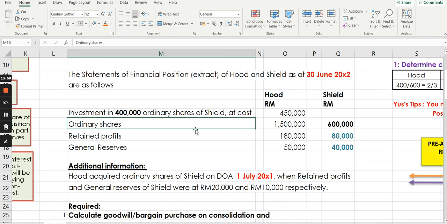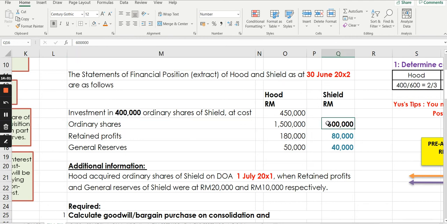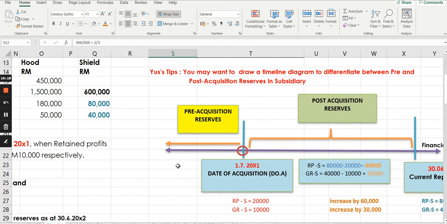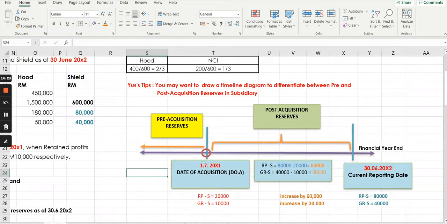So 400,000 divided by 600,000 is 2/3. Therefore, the remaining 1/3 belongs to the non-controlling interest. You may want to draw a timeline diagram to differentiate between pre and post. That was the reason I drew the timeline diagram.